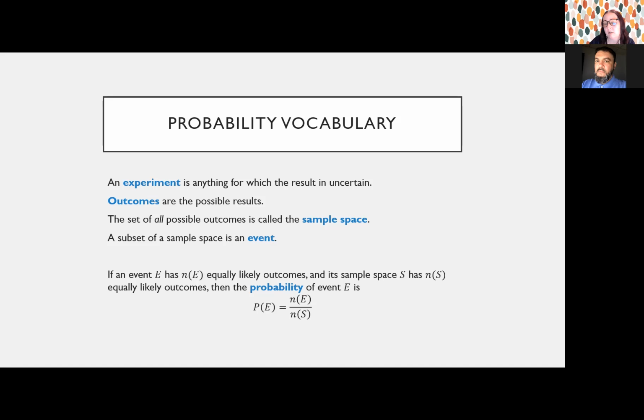So I will be using this P of E notation, but instead of E, I put in a description of what the actual event is so that it actually makes sense.